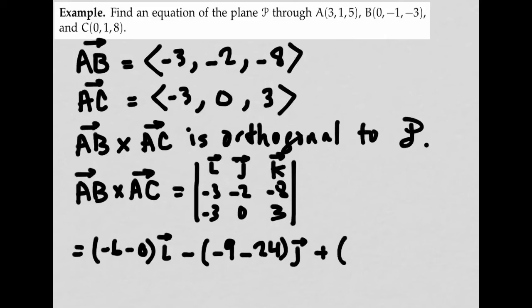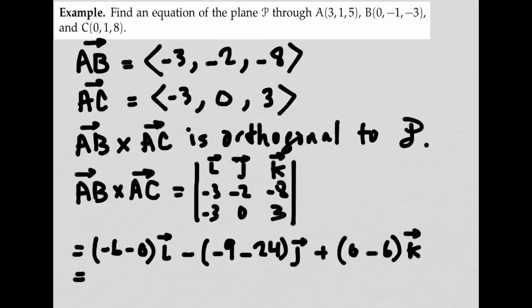Plus, minus 3 times 0, that's 0, minus 2 times minus 3, that's plus 6, all multiplied by k.